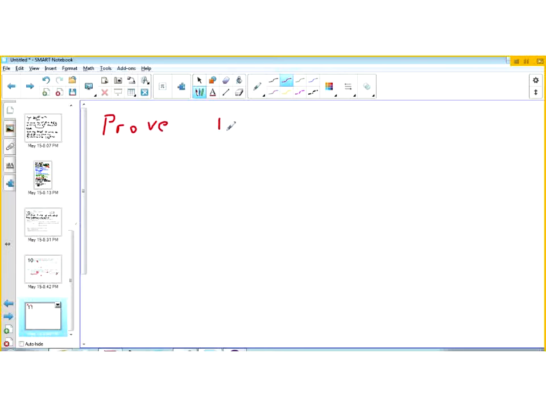All right, so I'll do an example using the first definition. So we want to prove this result. The limit as x approaches 0 of 1 over x squared is equal to infinity.